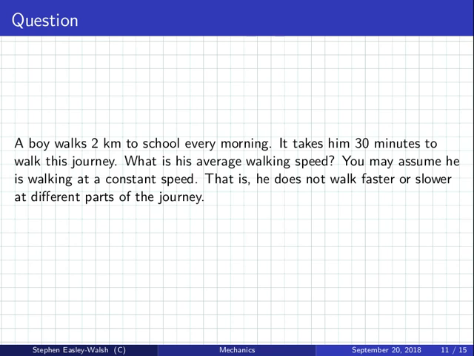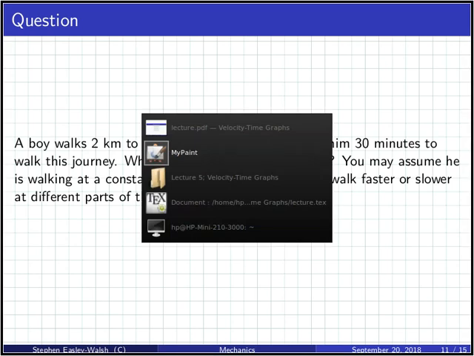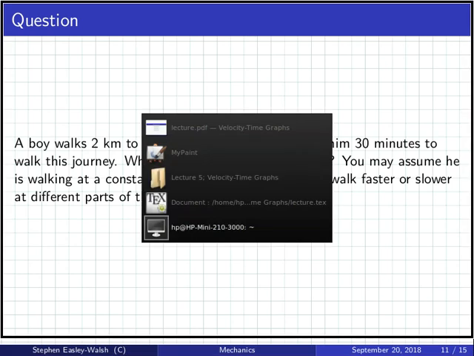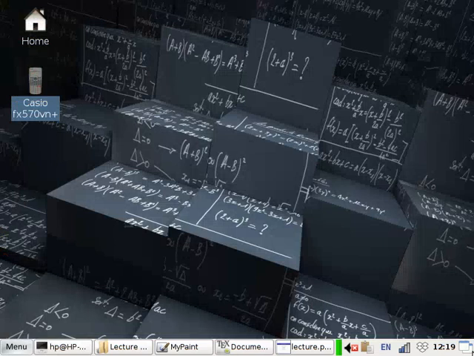So I want the speed. Sounds believable. So what did you type in? 2 over 1,800 and then multiply it by 1,000. Okay. I would have typed it in as 2,000 over 1,800. Same thing though. So what was that? 1.1. You should get that. I'll show you on the calculator. Oh, I closed it. Let me reopen it.